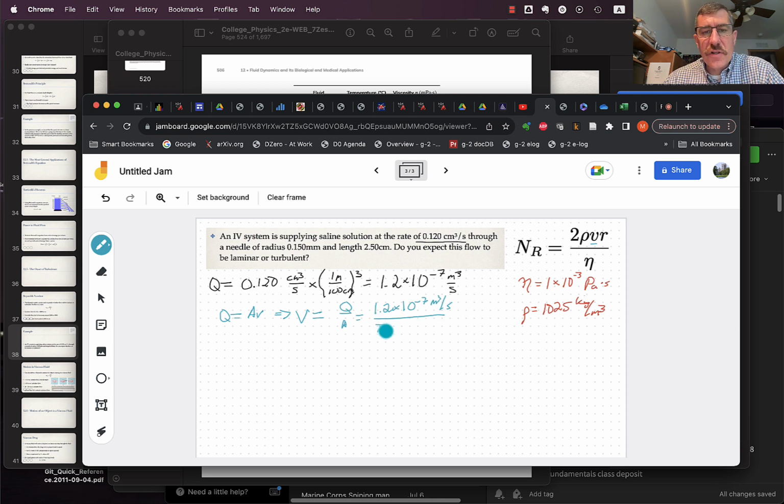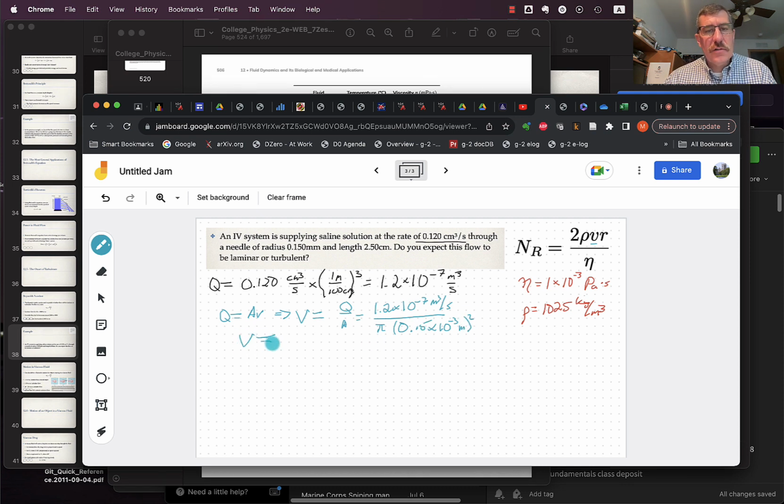Again, if it's a circular tube, pi r squared. Radius is 0.15 millimeters, or 0.15 times 10 to the minus 3 meters, squared.